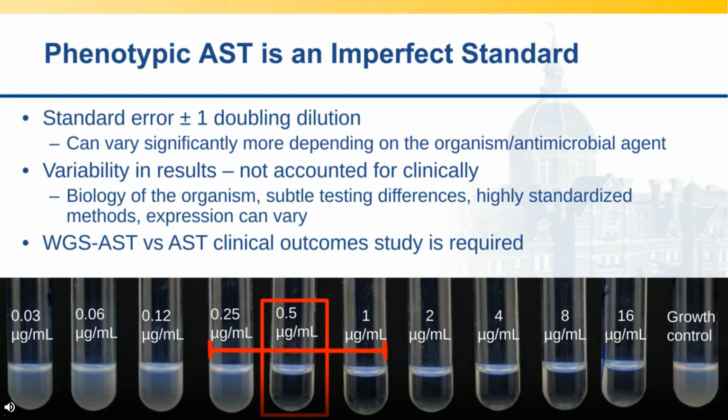So really what we need to do is also look at doing some clinical outcome studies to look at the value of WGS AST predictions in terms of clinical outcomes in patients. And so hopefully we'll start to see some of those studies coming down the pipeline.